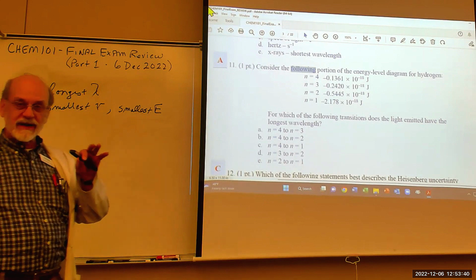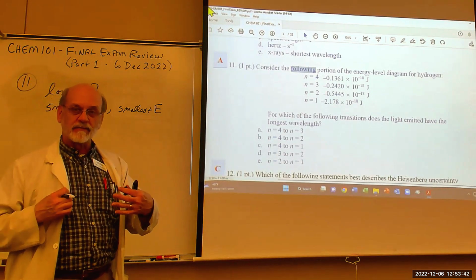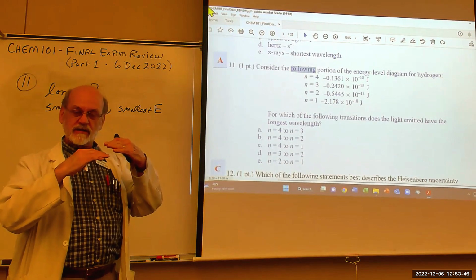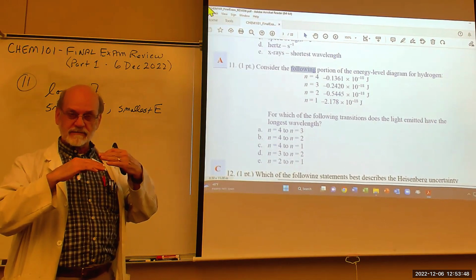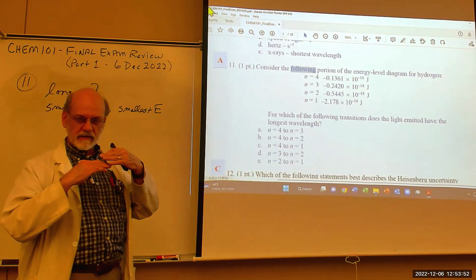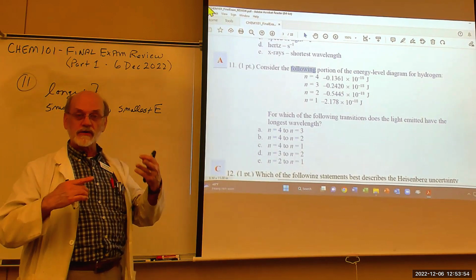So when you're talking about an electron transition around an atom, the shortest transition is the lowest energy. The shortest distance between levels is the lowest energy, which would be the longest wavelength.